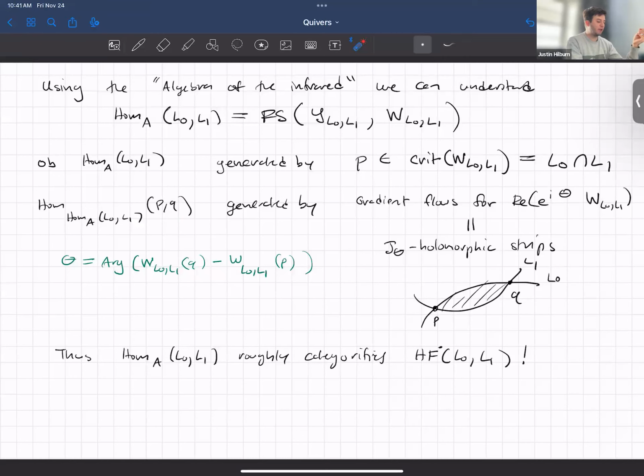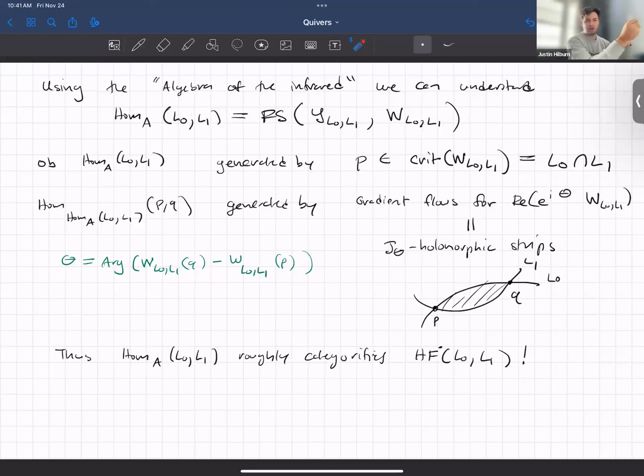this algebra of the infrared tells you the morphisms are going to be generated by the gradient flows. Normally, if you have a complex function and two critical points, there are no gradient flows in between. If you take the real part of the function and look at gradient flows, you won't find any between two critical points.